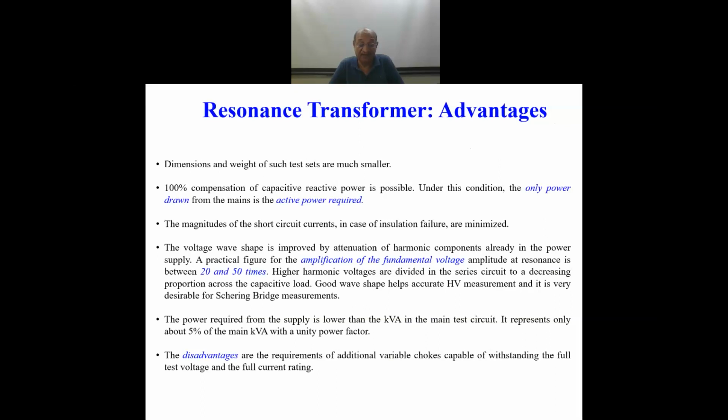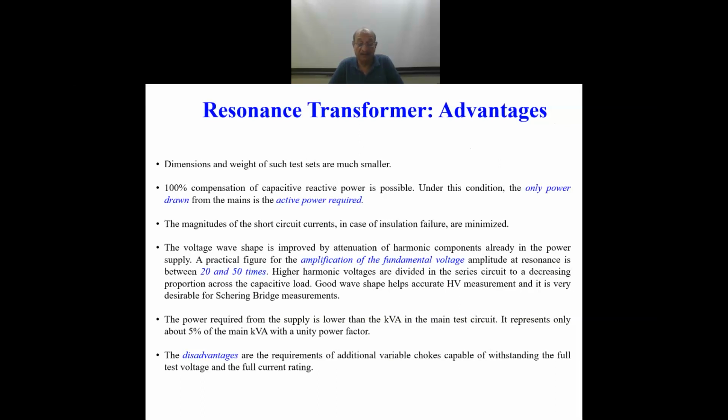The higher harmonic voltages are divided in the series circuit to a decreasing proportion across the capacitive load.